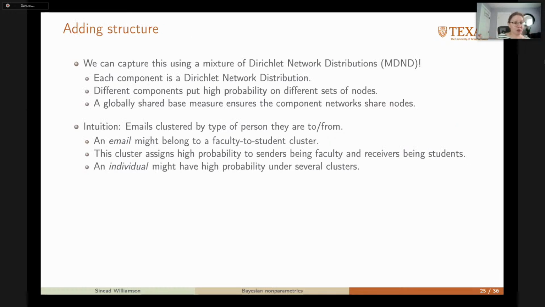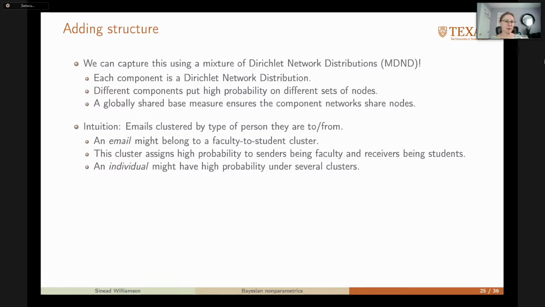So what we're going to do is add yet more hierarchy here. Instead of having just one of these, what I call a Dirichlet network distribution, I'm going to have a mixture of Dirichlet network distributions. So I'm going to have every edge belong to one distribution, and then that cluster has its own cluster-specific distribution over senders and recipients.